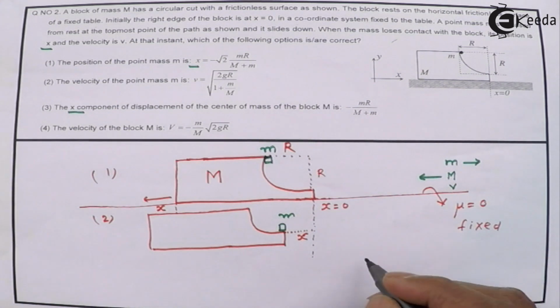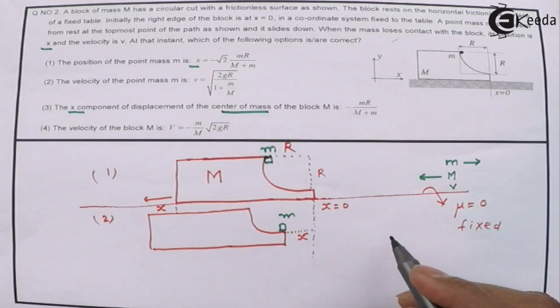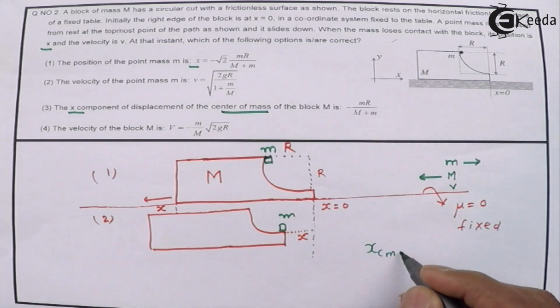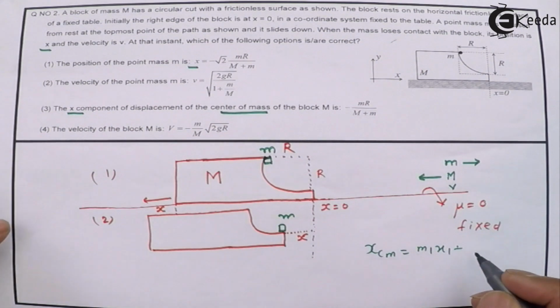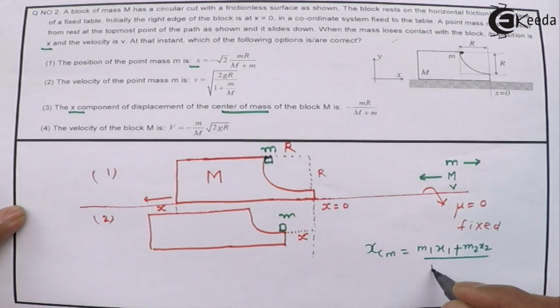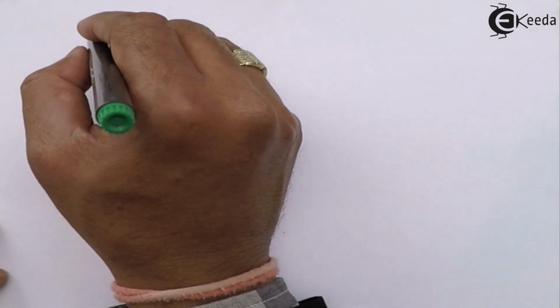We know that the center of mass XCM is m1 x1 plus m2 x2 divided by m1 plus m2.